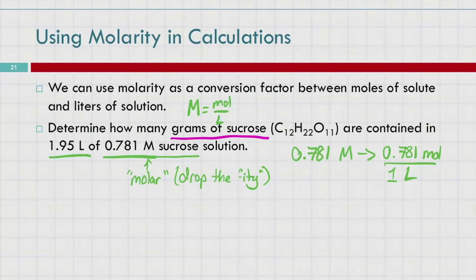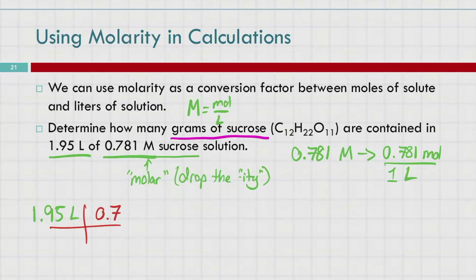Since we have secretly 2 units in there in molar, we're going to start with the other thing, 1.95 liters. And because we've got moles over liters, this tells us that we multiply. We've got liters on the bottom. We want that to cancel out with the liters that we have.